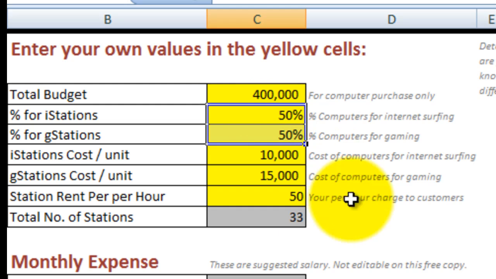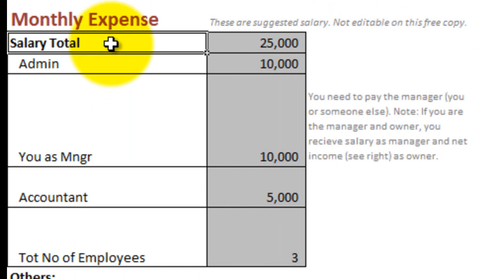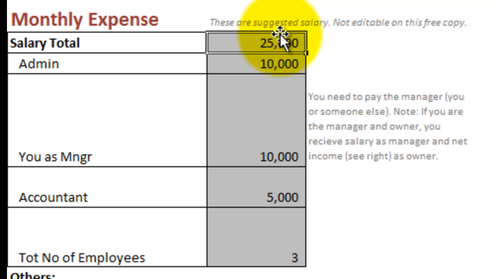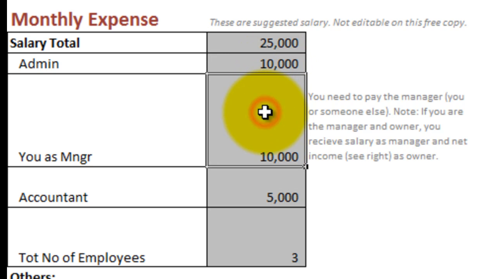Okay. Now I have the monthly expense here. You cannot edit this. I'll be releasing a new version of this calculator wherein you can put your own values, but typically it's safe to say that your monthly salary expense for this is around 25,000 pesos. For your administrator, your technician, and you as manager, you need to pay yourself a salary as well.